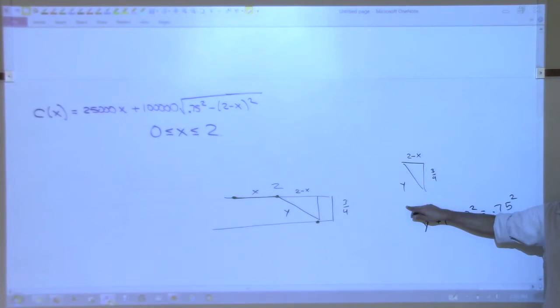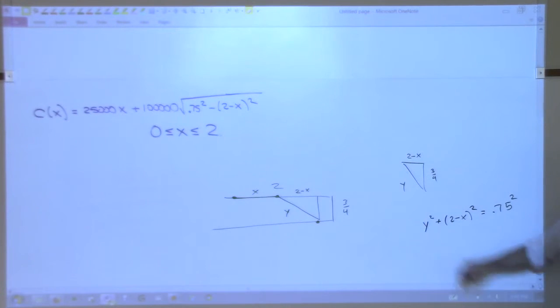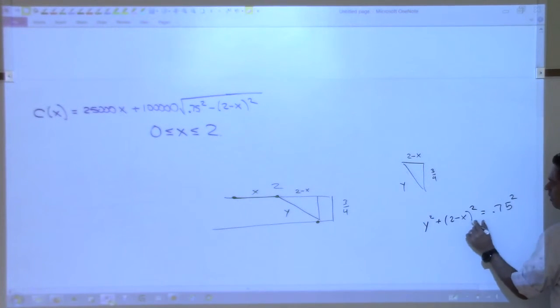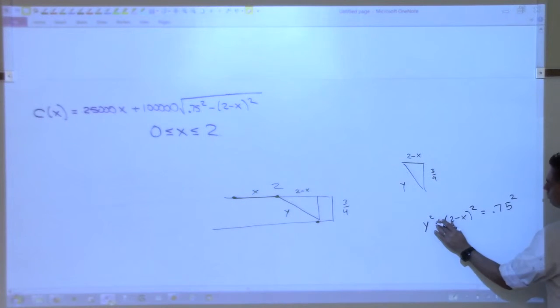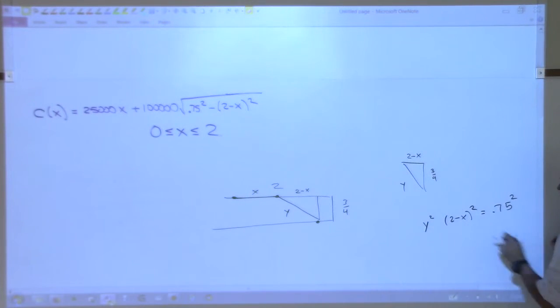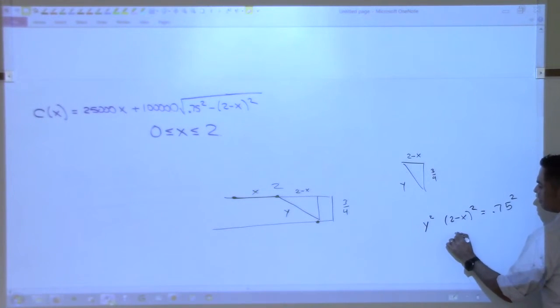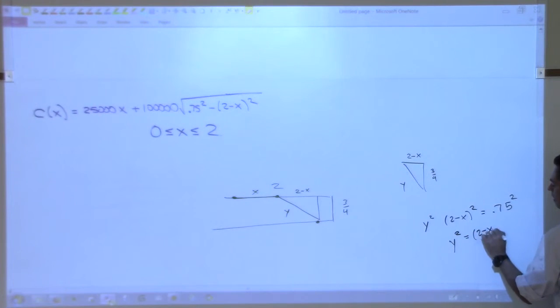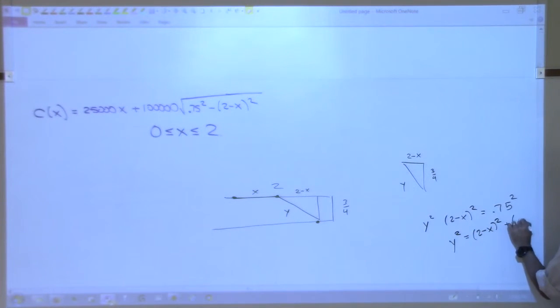Did someone catch that earlier? Not say it? No? Okay, well, what does that change? Quite a bit. That means that this would have been y squared equals 2 minus x squared plus 0.75 squared. So it's actually a little bit nicer because this goes underneath the root. So that's all that changes. This right here is underneath the root.